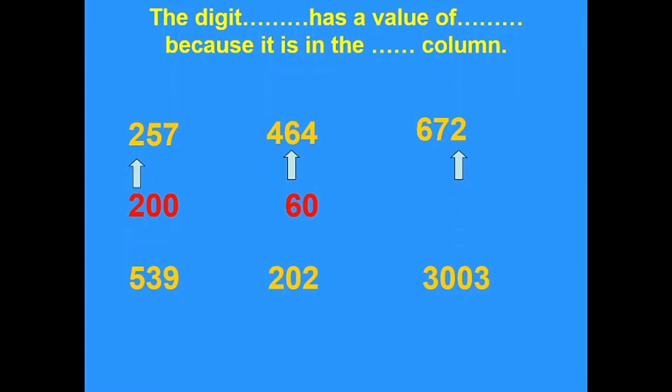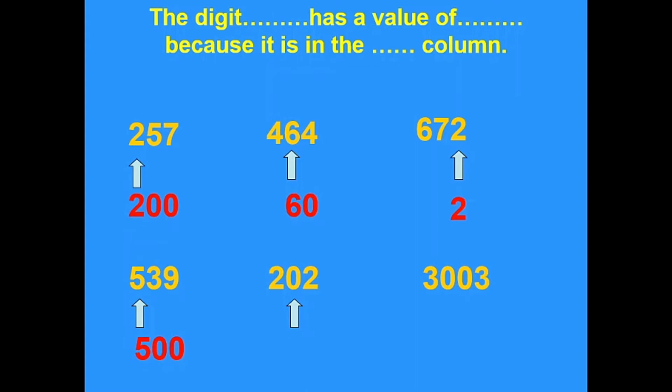Another one, 2. The digit 2 has a value of 2 because it is in the ones column. 2 times 1 equals 2. Another one, 5. The digit 5 has a value of 500 because it is in the hundreds column. 5 times 100 equals 500. 0.